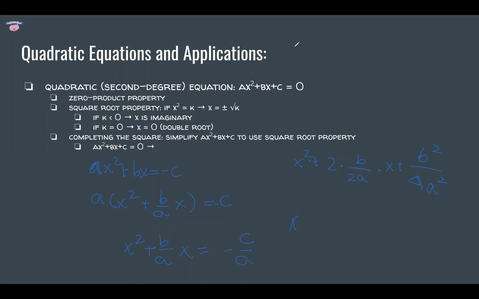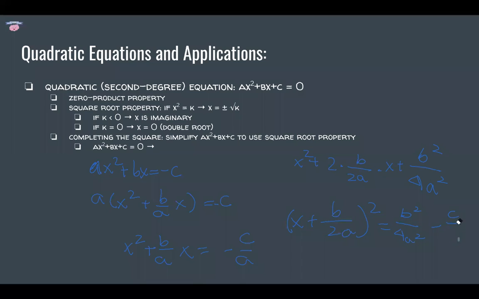Well, we can actually simplify the left side. Since we know it's a perfect square, x plus b over 2a, the whole squared. And you have to add b squared over 4a squared here too: b squared over 4a squared minus c over a.